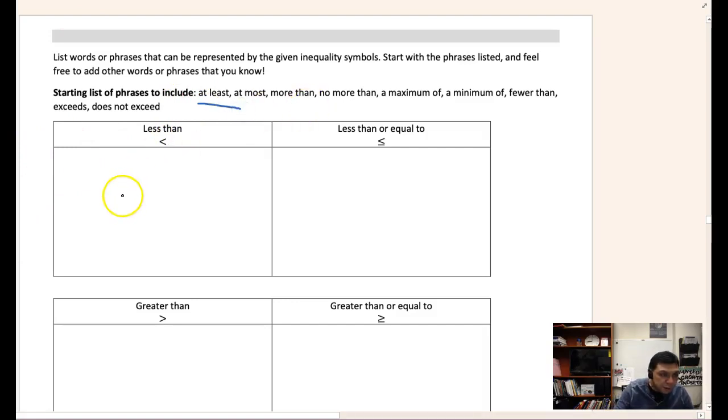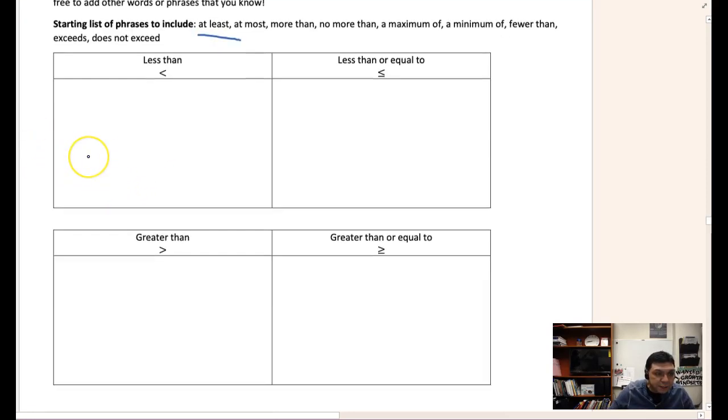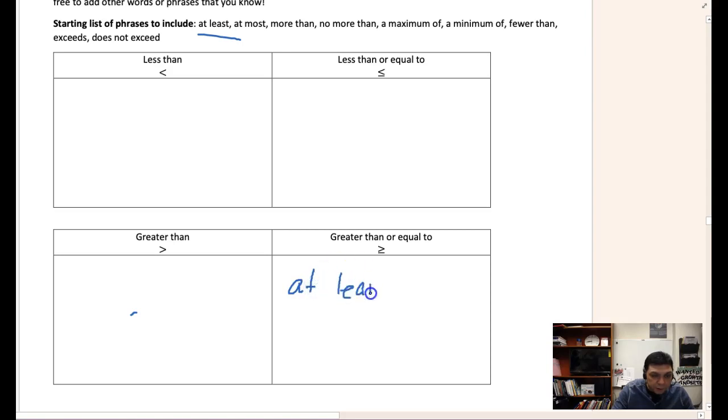Looking at less than, what words go with that symbol for sure? Well, let's start with at least. At least is a word that sounds like less than, but it's not. At least is what I call a floor. So at least is going to be greater than or equal to, and it goes here.